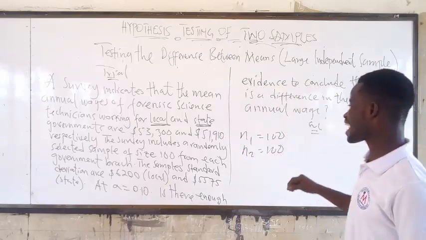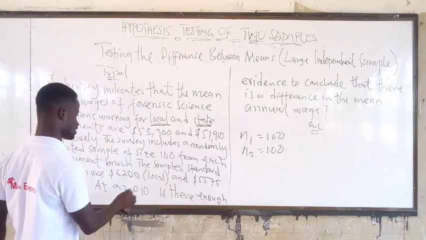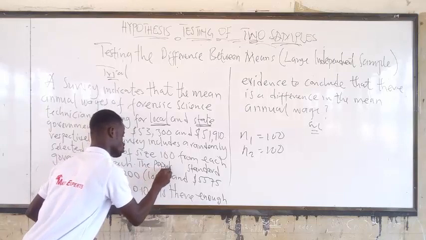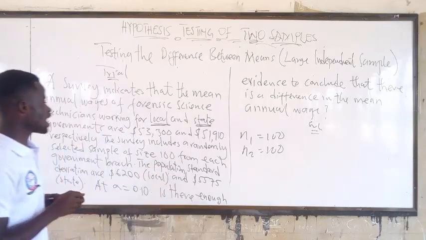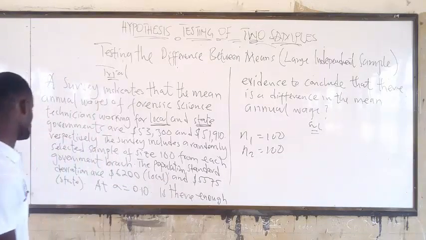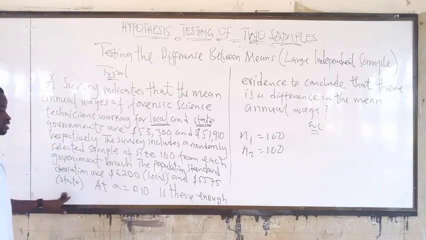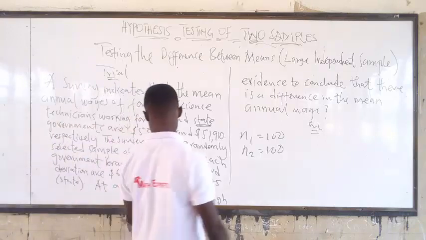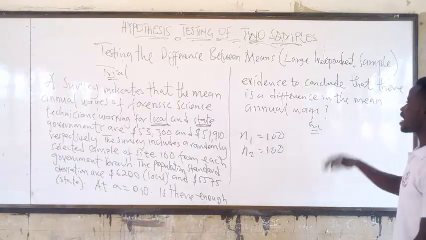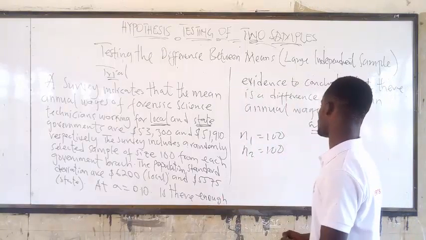The population standard deviations are this and that, for the local and the state. Is there enough evidence to conclude that there is a difference in the mean annual wages? That's what you are going to do.